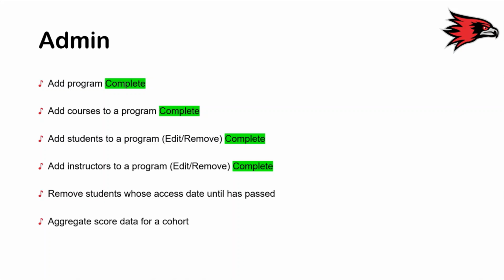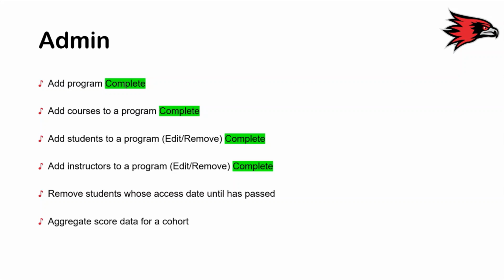So this is the list of the features that an admin can do, and I have completed the first four features, which are add program, add courses, add student, add instructor to a program, and the last two I was not able to finish. For the fifth one, remove students whose access date until has passed. That will be 7 years after the student joined the program, but administrators still have the ability to change that date.